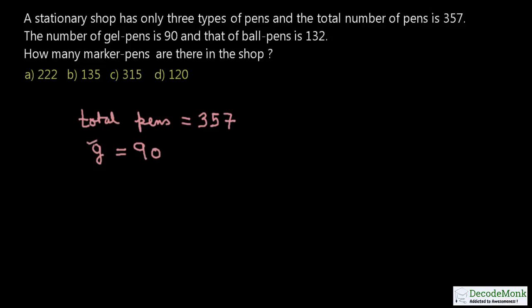You should be able to denote such given items using some short form or some letters, like I have denoted gel pens by the letter G. So number of gel pens is 90. Number of ball pens, which I will denote by the letter B, is equal to 132, and you need to find out how many marker pens are there in the shop.